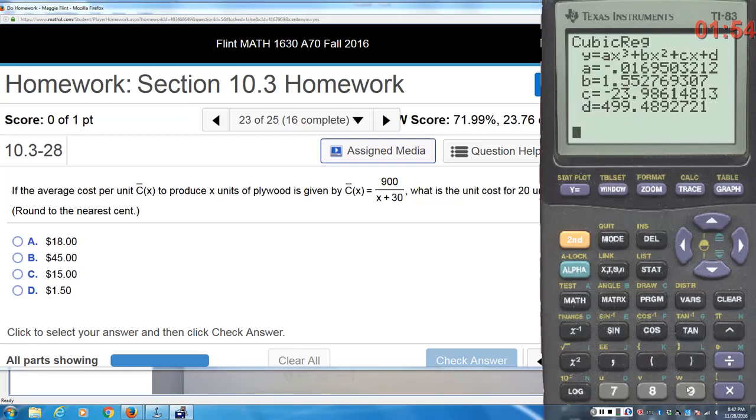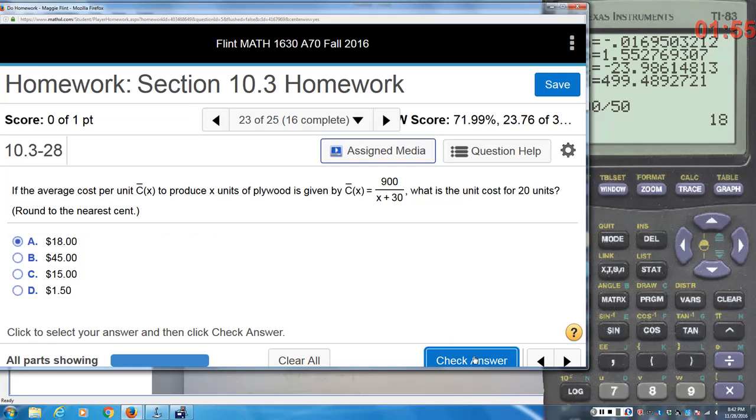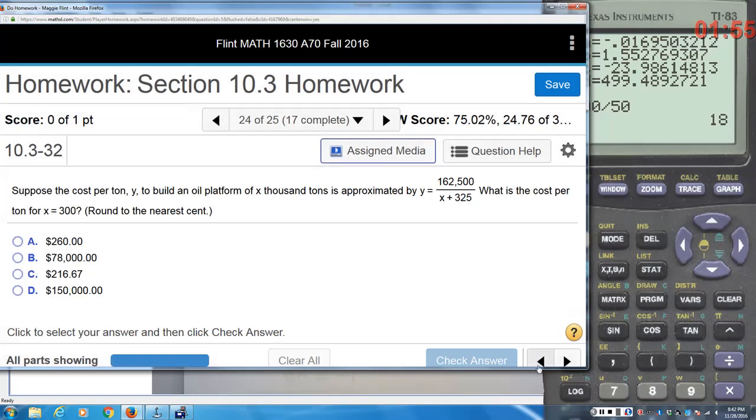No, not minus 50, divided by 50 is $18 per foot or per unit. So let's just plug it into the arithmetic. And that's what this one is too.